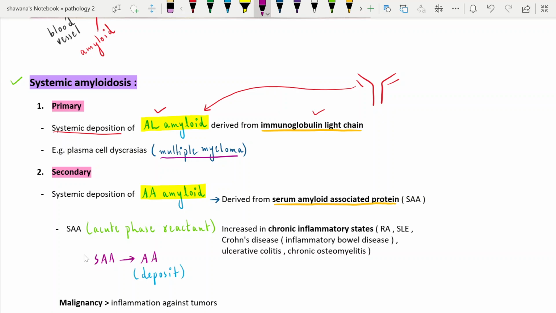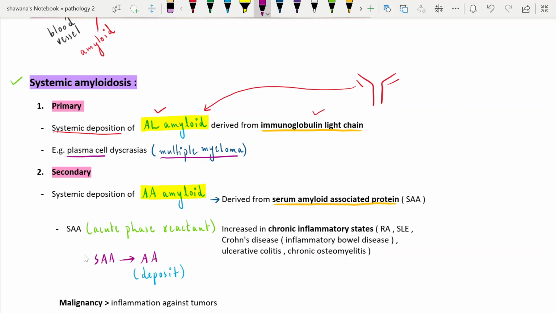As you know, plasma cells are nothing but B lymphocytes. So B lymphocytes mature and form plasma cells, and these plasma cells start to produce antibodies which we call immunoglobulins. But in the set of diseases known as plasma cell dyscrasias, we can see a disease known as multiple myeloma.